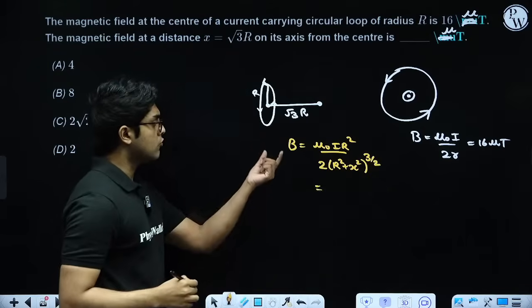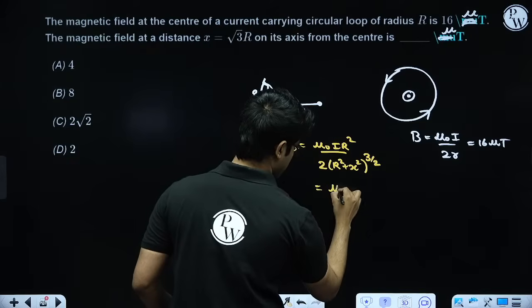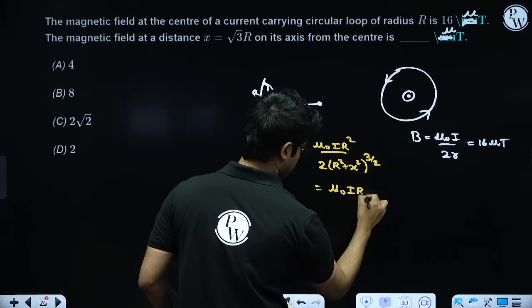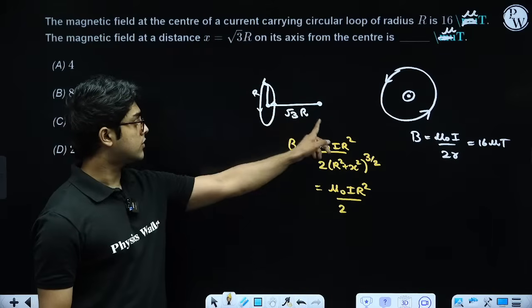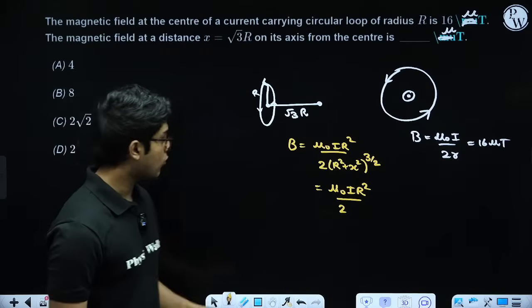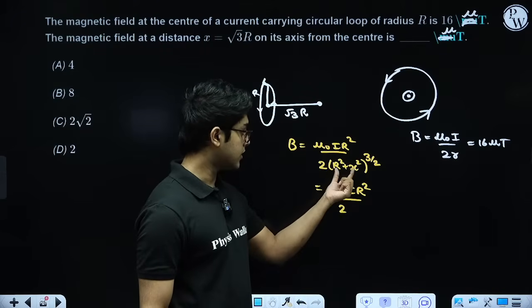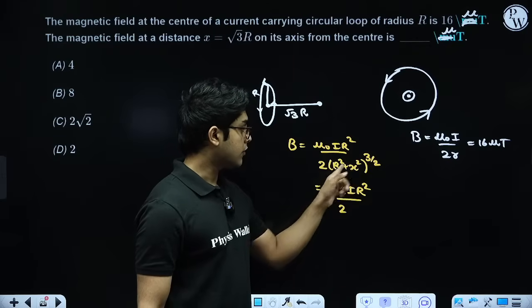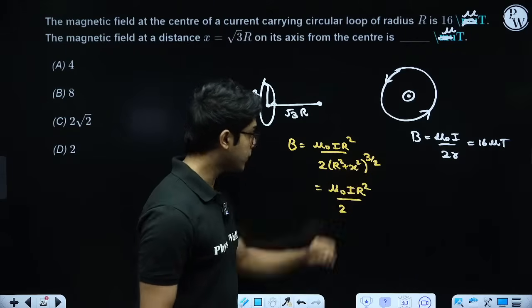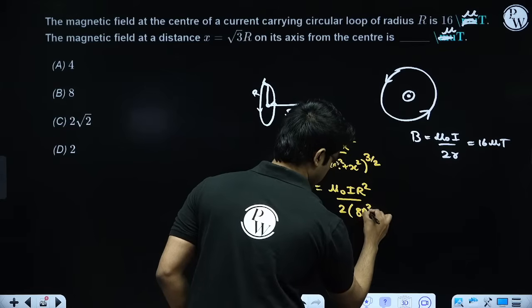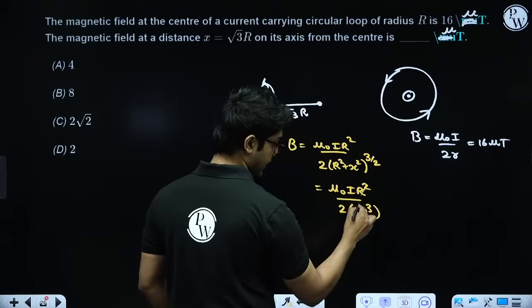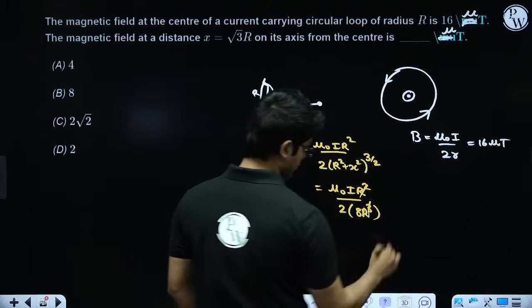Okay, so here it will be mu naught I R square divided by twice of, so X is root 3R, so this will become 3R square plus R square, which is 4R square. If you take the root, it will be 2R. If you cube it, it will be 8R cube. So over here we'll have 8R cube. So R square cancels out with this. So this is mu naught I by 16R.